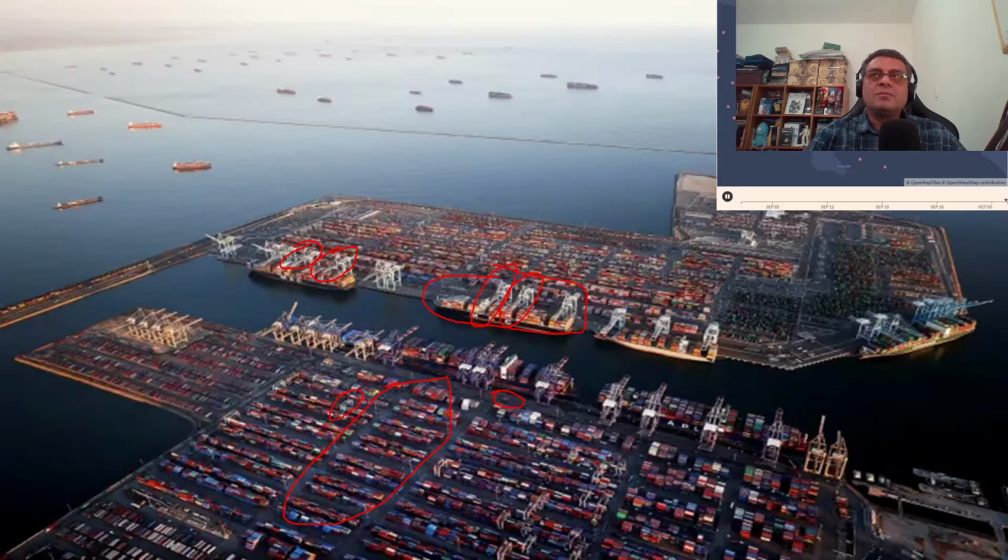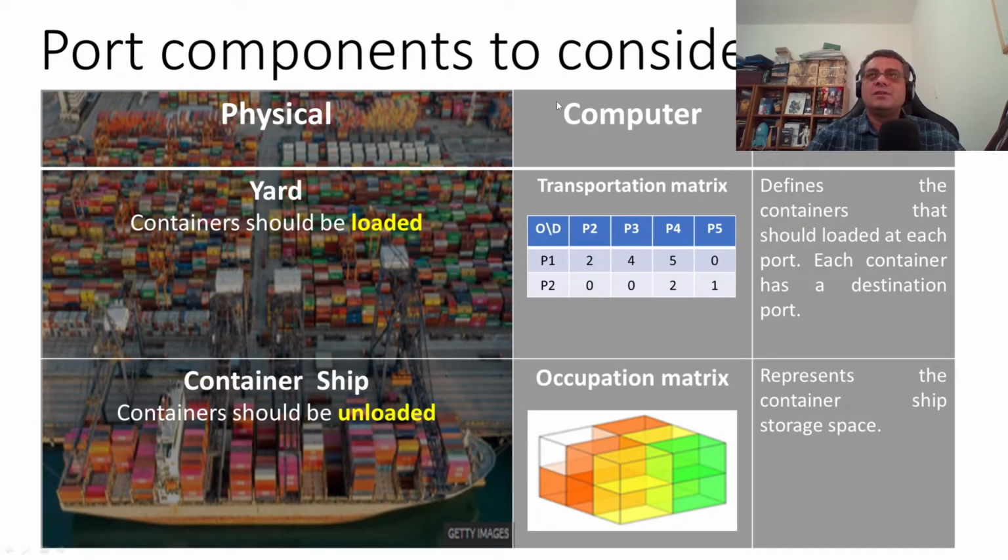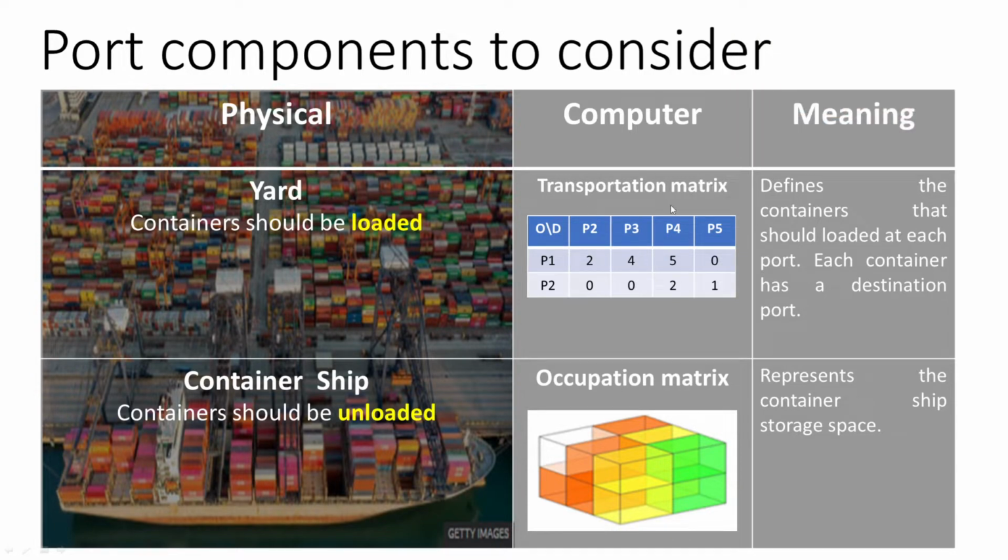So what we're gonna model here, we have this interesting mapping of what we have physically. We have the yard where we have some containers that should be loaded to the ship, and in the ship we have some containers that should be unloaded from the ship to the yard. The yard in this track we will consider in a very simple way. For each port we have just this number.